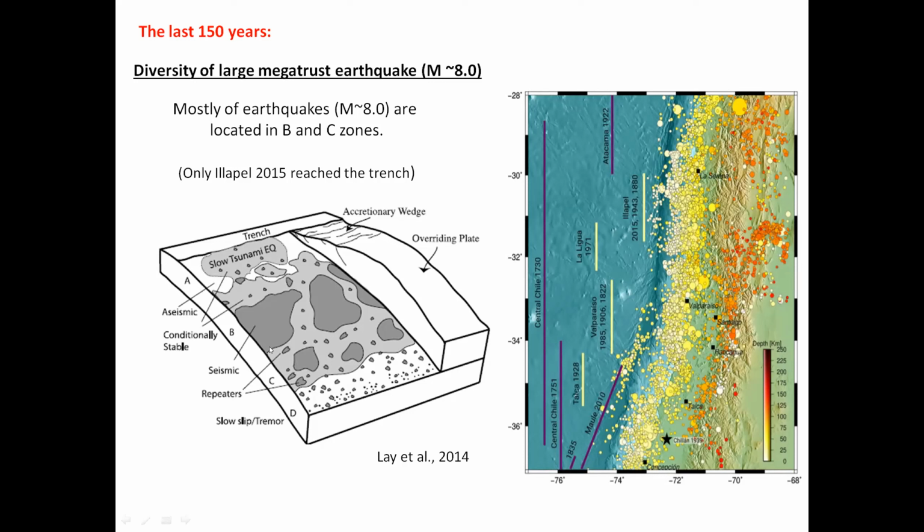All these events occur in zone C and zone D, the middle of the plate interface, or in the deepest part of the plate interface. The only exception is the Illapel earthquake, which is maybe a little larger in magnitude than the others. Illapel has a very irregular shape, but in some parts it is very close to the trench.